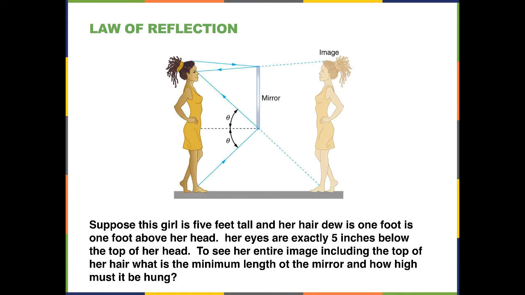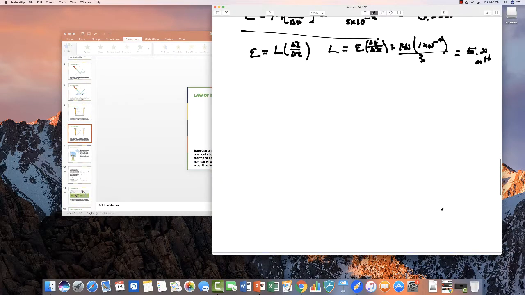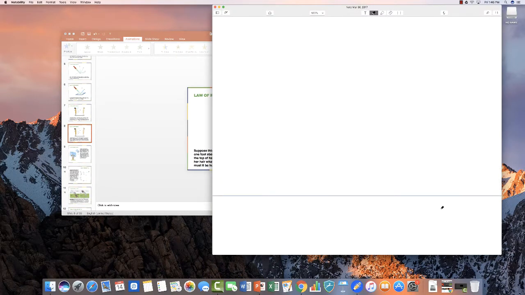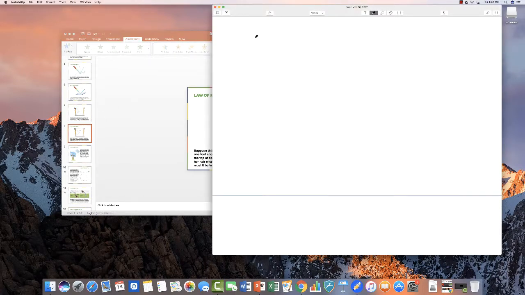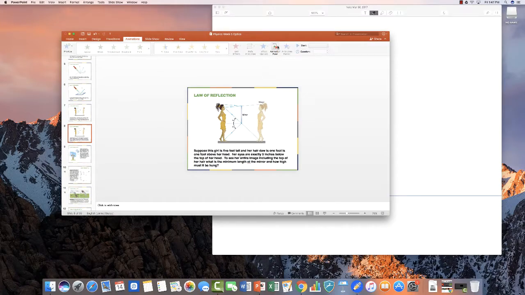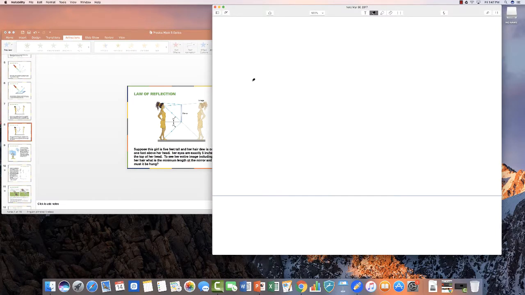Now, in order to do this problem, we have to look at this like a geometric problem. So let's draw, more simply, this previous diagram right here. So we have the top of her hair, the top of her head, her eyes, and then the bottom of her feet.